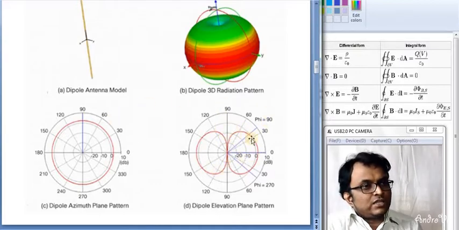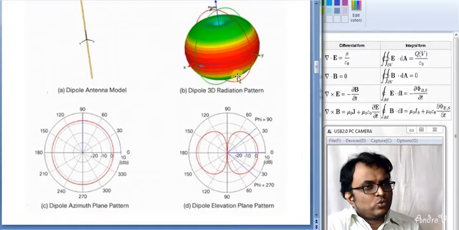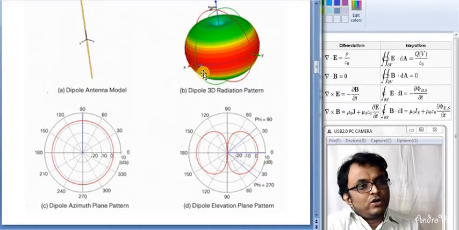Both E theta and E phi are radiated simultaneously, so that the 3D pattern will look like a donut shape. There will be two poles, and we use this type of radiation component for any kind of wireless communication.